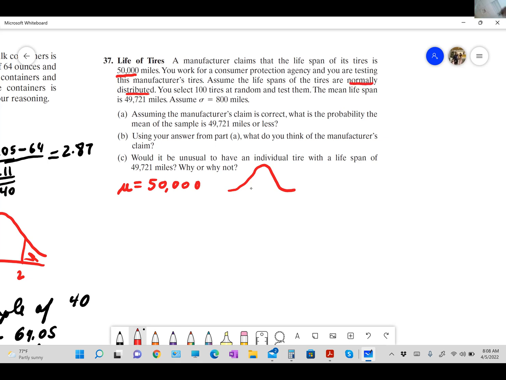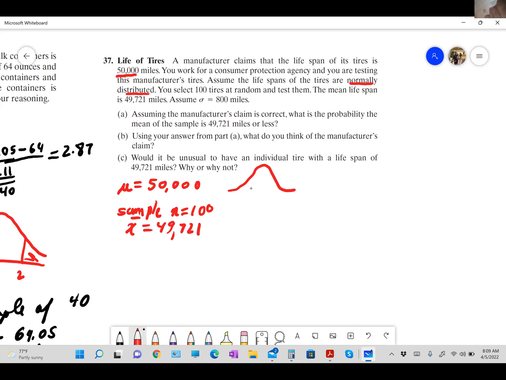Now we take a sample. Our sample here is n equals 100. And the mean that we got from that particular sample was an X bar of 49,721 miles.